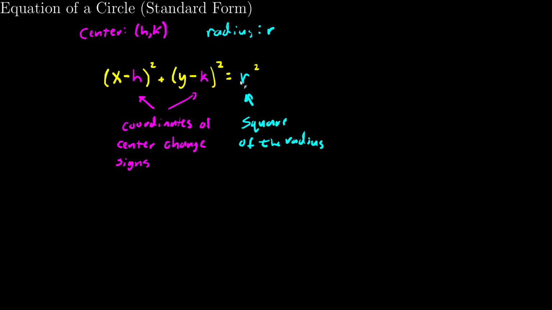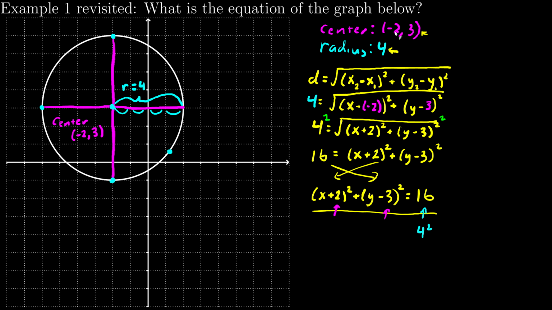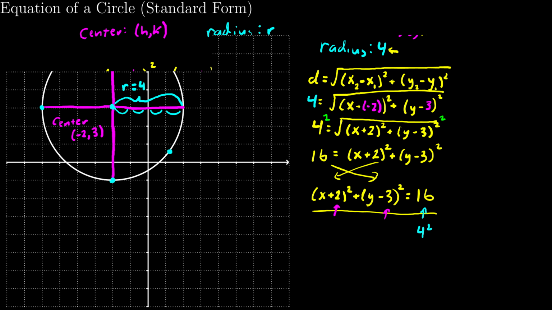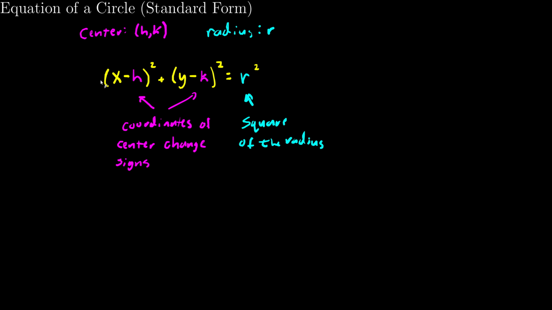You just need to make sure that you modify it. Looking back at our example, I had the center -2, 3. I changed the signs. Plus 2, minus 3. Had radius 4, I squared that, and I got 16. So this right here is what you would need to use to write the equation of a circle or to graph a circle.